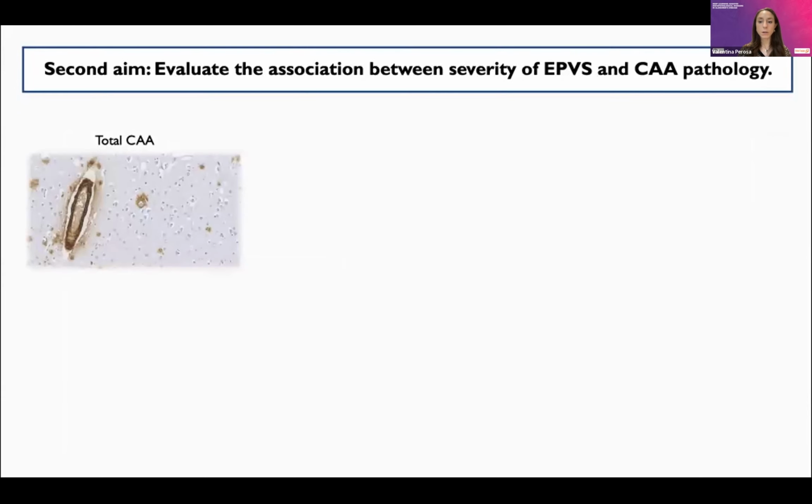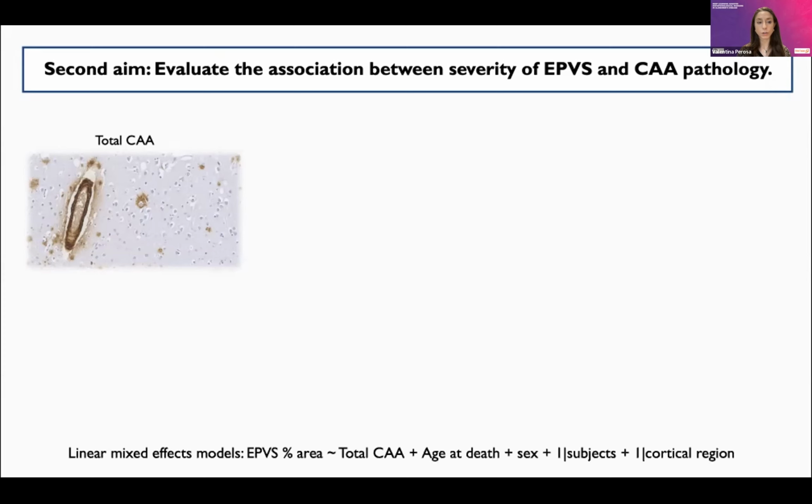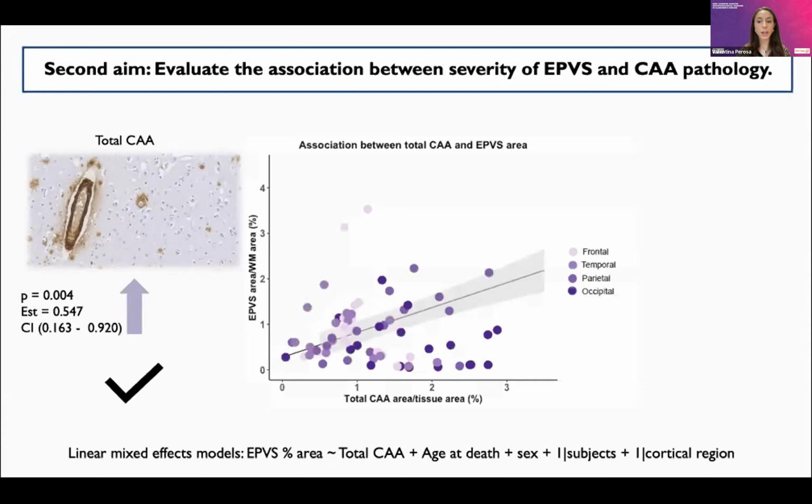And the further aim was to look at the association between percentage area of enlarged perivascular spaces and a measure of CAA. And we did this in the cortical regions of the CAA subjects. And the percentage area of the enlarged perivascular spaces was derived from the LHE sections using the semi-automatic method that I've just mentioned.